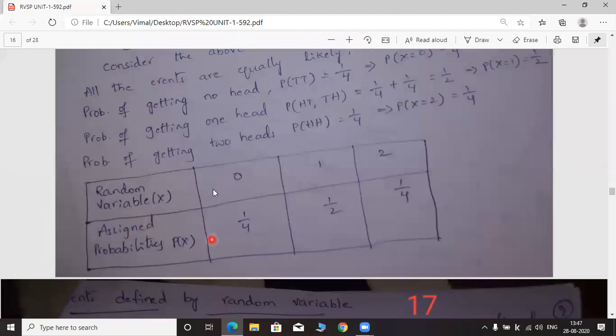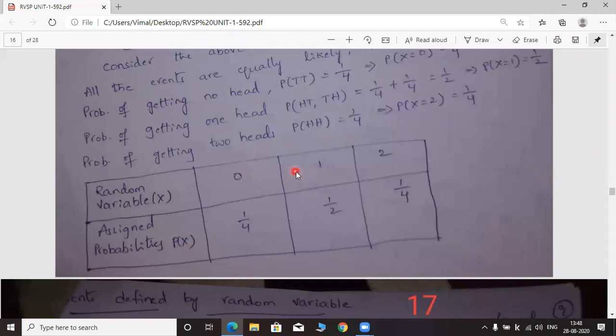Now we have to form a table. In the first row you have to consider the random variable capital X. In the second row you have to write the assigned probability P of X. So here, what are the values associated with this random variable?